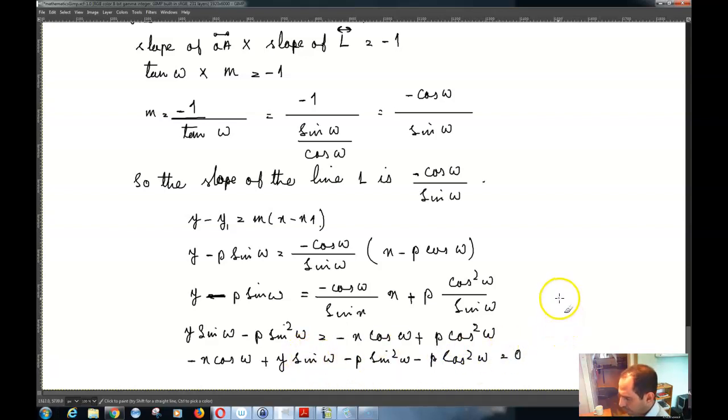And if I multiply by negative 1, I'd get x times cos omega minus y times sine omega plus p times sine squared omega plus p times cos squared omega is equal to 0.